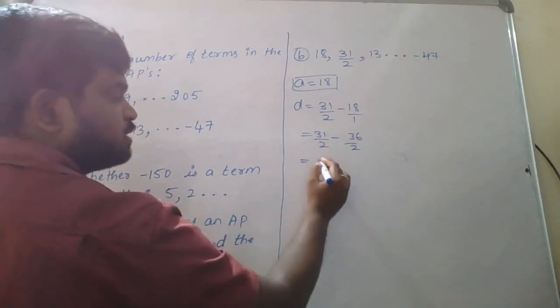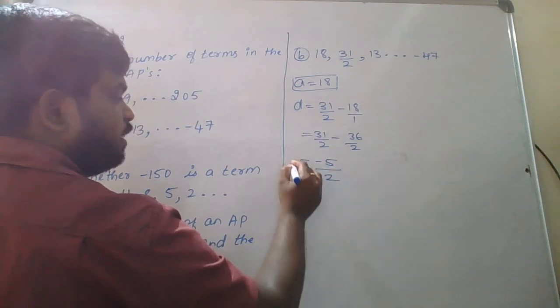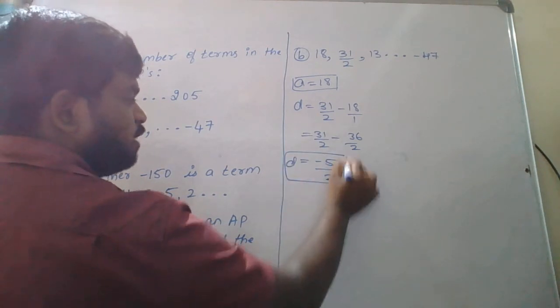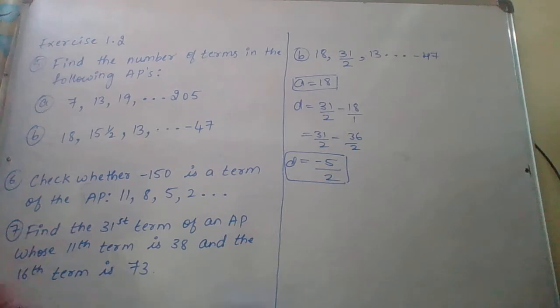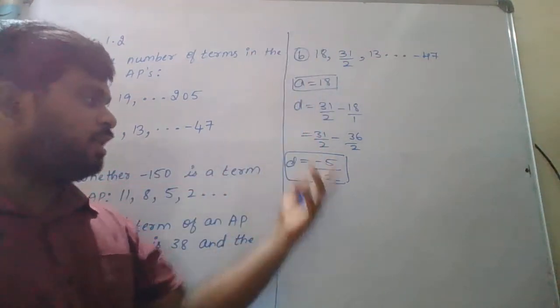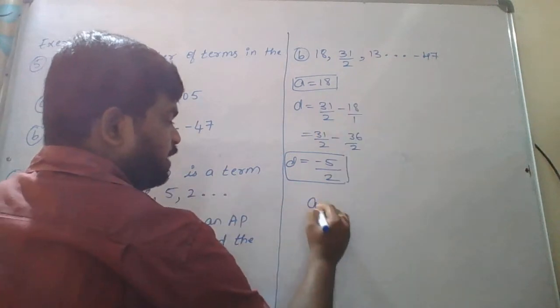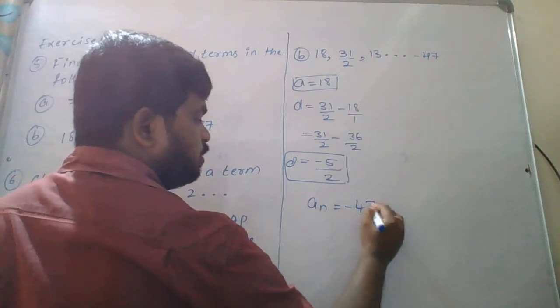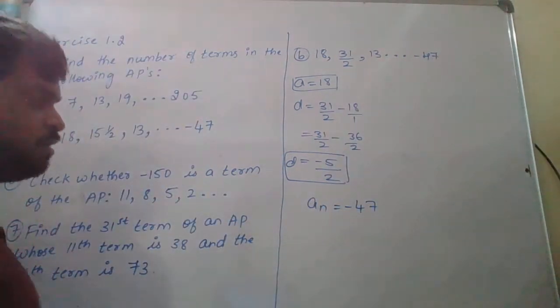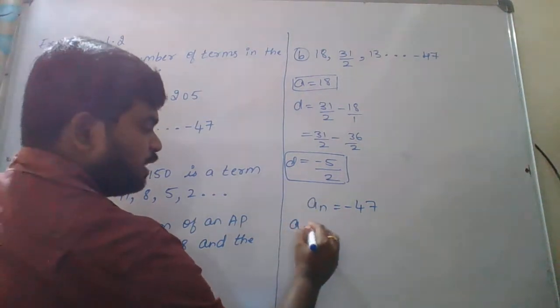So 31 minus 36 is minus 5 divided by 2. That's the value of D. Now, this is in the last place, so let me take it as AN. AN is equal to negative 47. Below AN, what should we do? Write the formula.